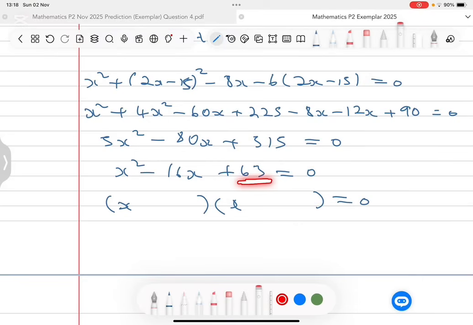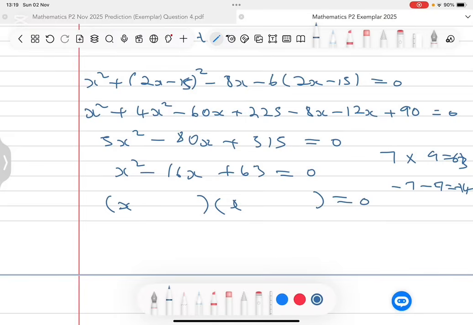I know that the factors of 63 are 7 and 9. If I say 7 times 9, I get 63. And I need to combine these two, either by adding or subtracting, so that I get negative 16. Actually, if I say negative 7, negative 9, it gives me negative 14.